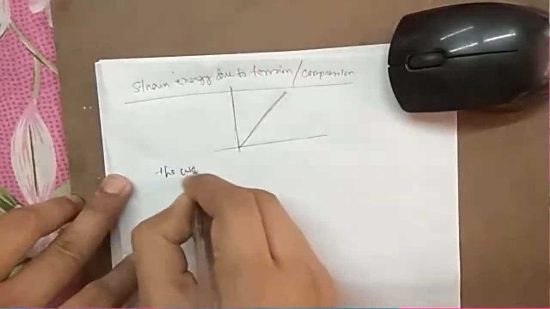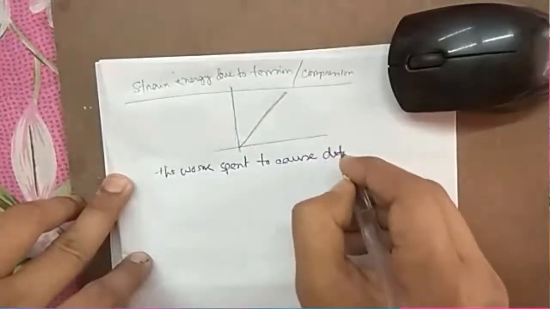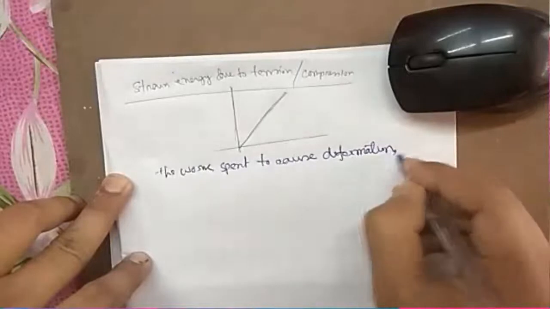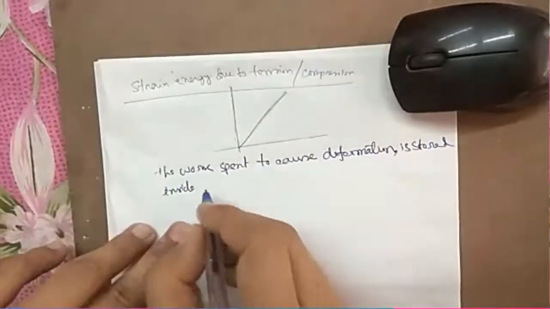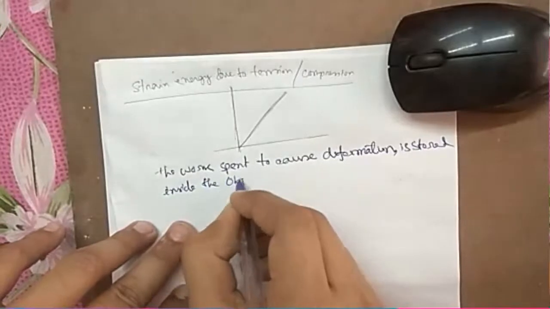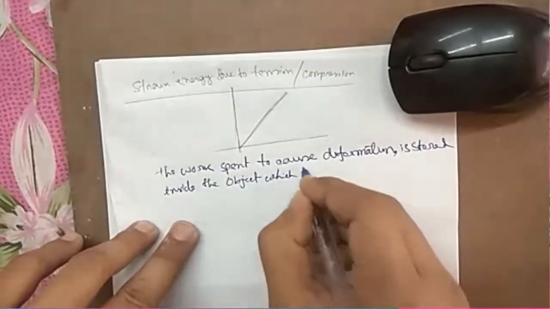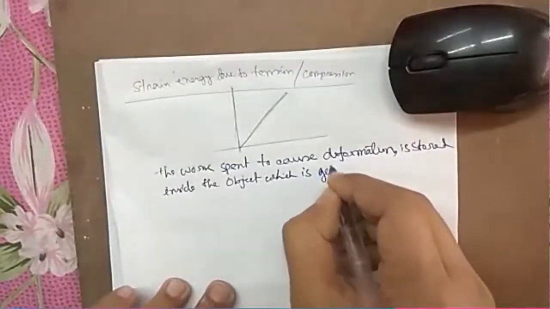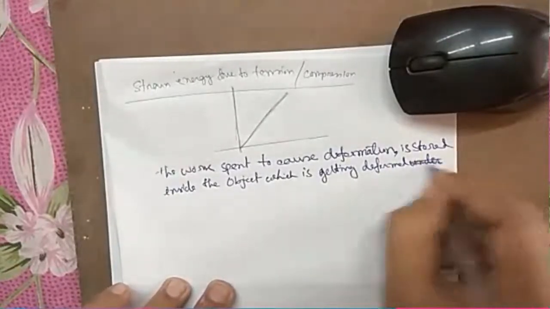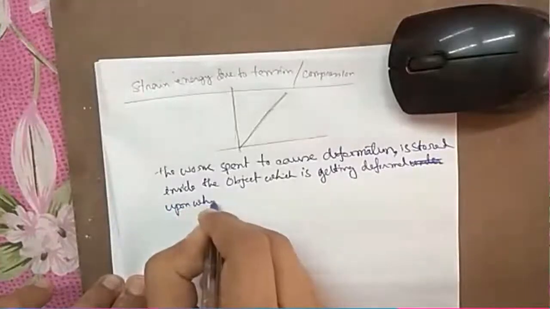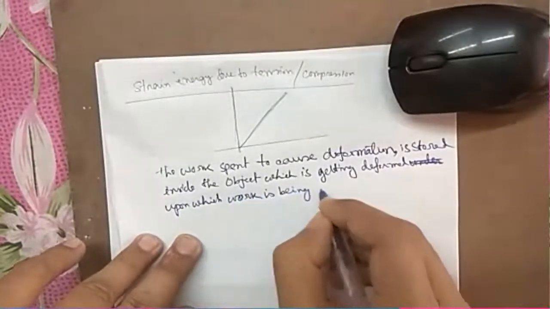the work spent to cause deformation is stored inside the object which is getting deformed, upon which work is being done.